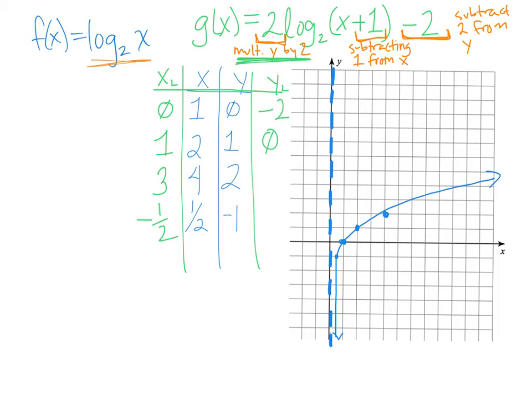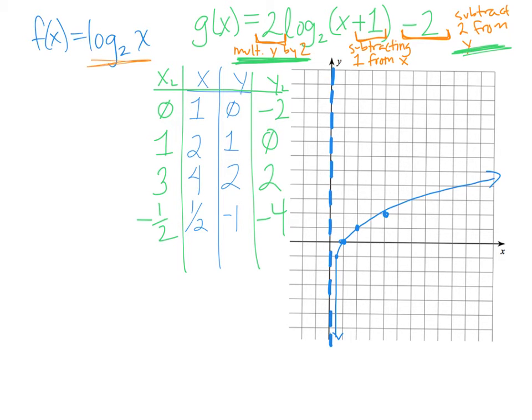I hope you can see what I'm doing since I'm not writing it down. I'm going up here and multiplying y by 2, and then subtracting 2 from that value. Order of operations. 2 times 2 is 4. 4 minus 2 is 2. Negative 1 times 2 is negative 2. Negative 2 minus 2 is negative 4.